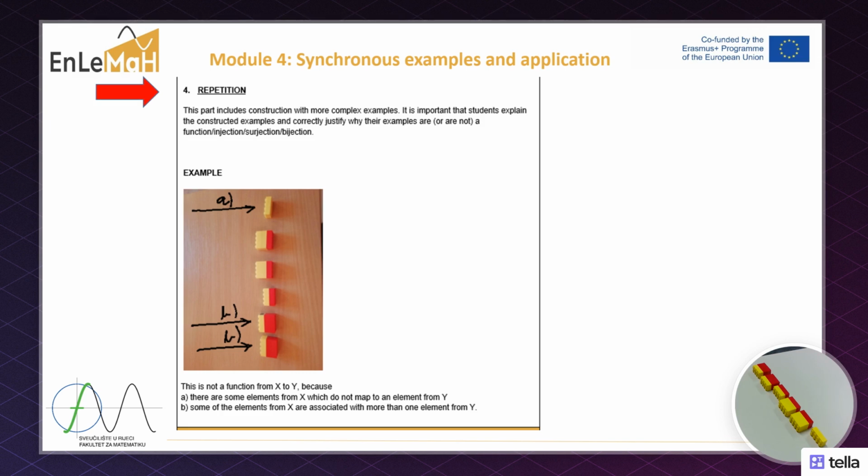It is important that students explain the constructed examples and correctly justify why their examples are or are not a function, injection, surjection, bijection. Once again, to work with our students, we can use a whiteboard tool or we can use a camera.